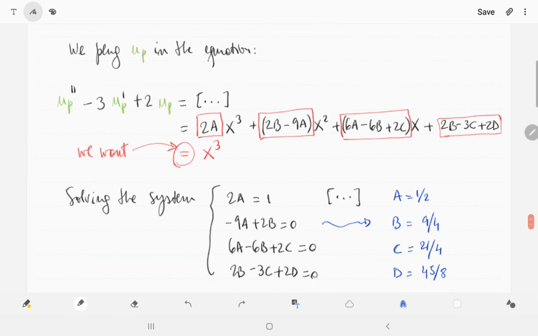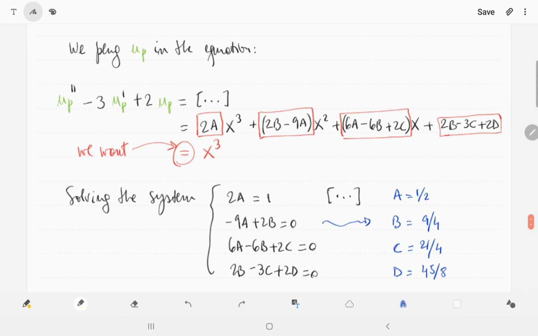So we plug this particular function into the equation. We are not going to compute this now, but computing the derivatives of the function, we get this new polynomial, 2ax to the power 3 plus all these numbers here. Now we want this expression to be equal to our function g, which is x to the power 3.